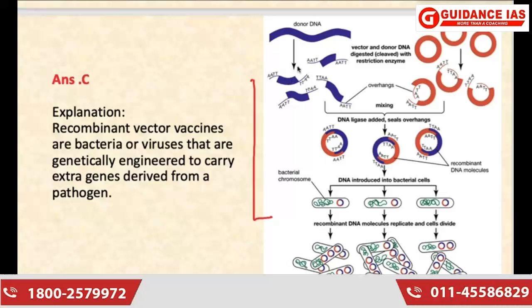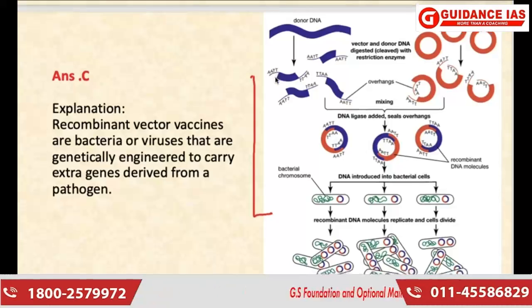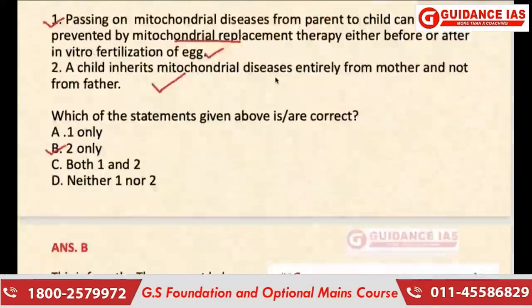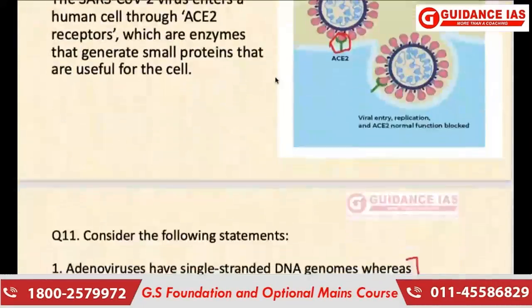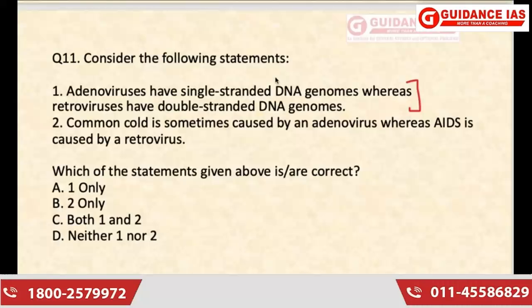I have shown you this picture for you to understand that these nitrogenous bases are paired up with the hydrogen bond, making the entire structure of DNA more stable. Right? Let's go to our question again.